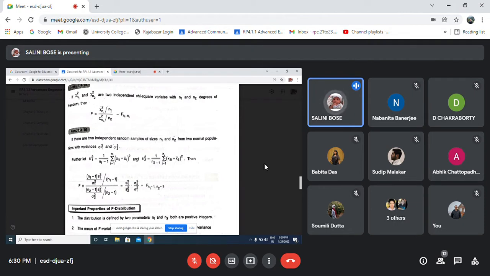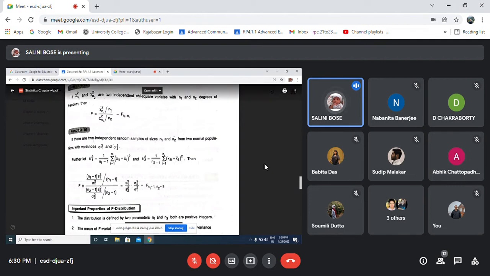This formula is known to you. These are for different samples, but the standard formula is s square is equal to 1 by n minus 1 summation of i equal to 1 to n xi minus x bar whole square, and s2 square will be like this.